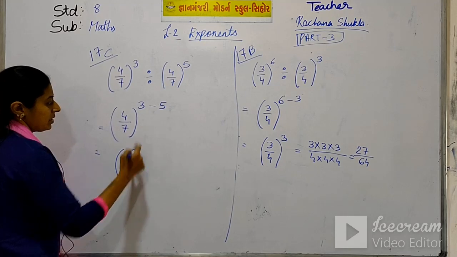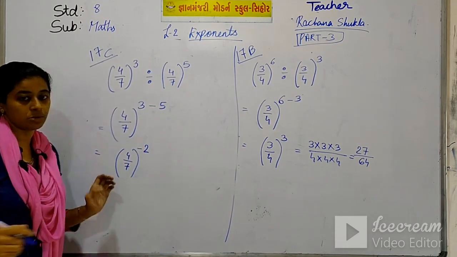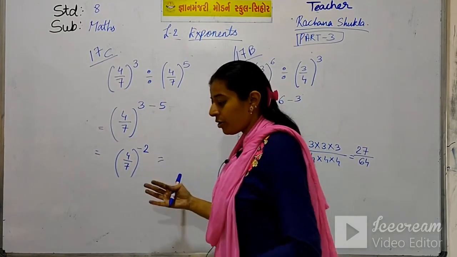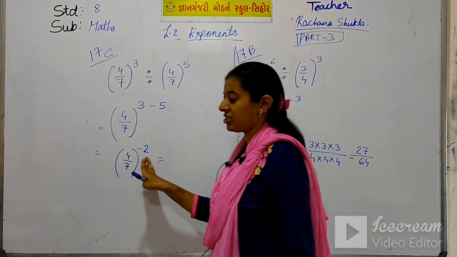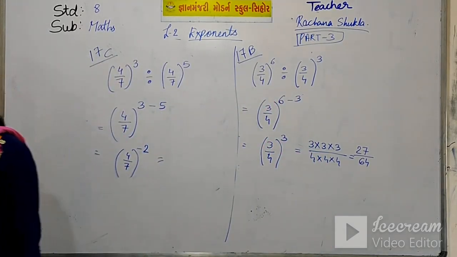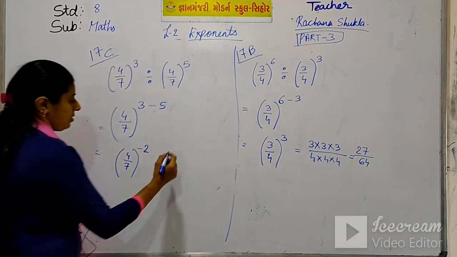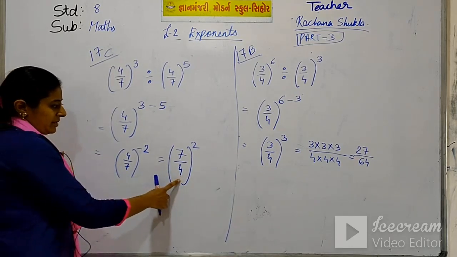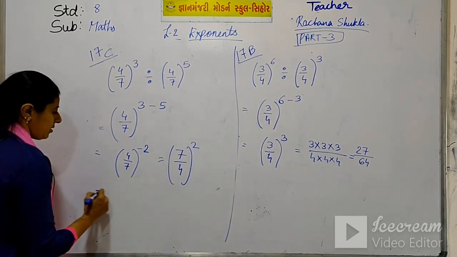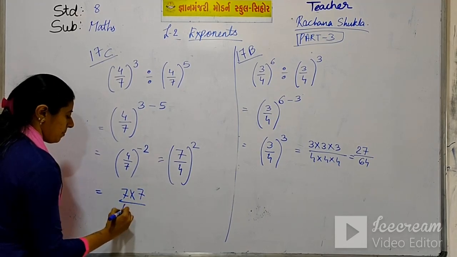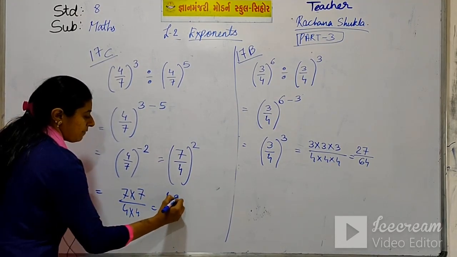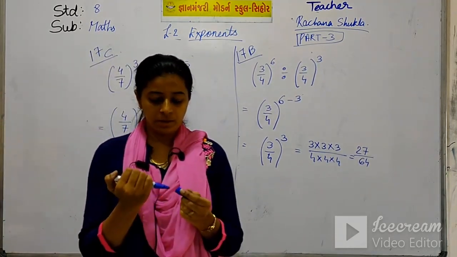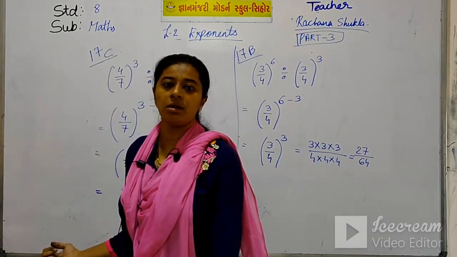So 3 minus 5 will be minus 2. All of you know that 3 minus 5 is minus 2. Now, to evaluate this, you have to take the reciprocal to change the sign of minus 2. So your reciprocal will be 7 upon 4 raised to 2. Now evaluate 7 into 7 upon 4 into 4. That will be 49 upon 16. Your answer will be 49 upon 16. Please note down everything in your example book.